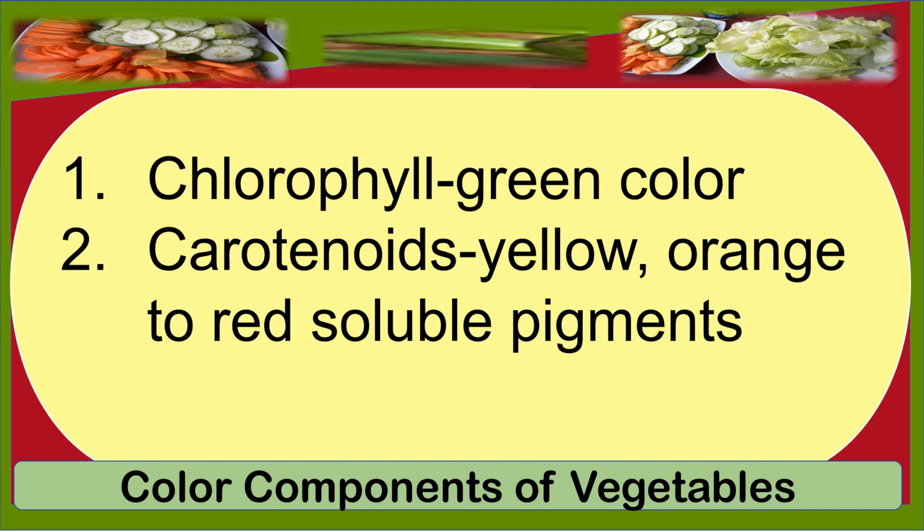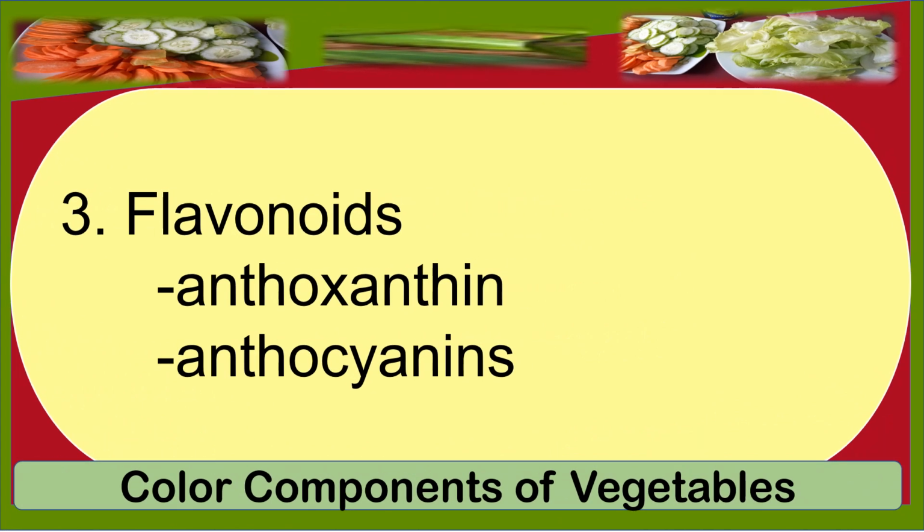We have beta carotene from carrots and squash. Carrots, orange; squash, yellow. And we have the lycopene from tomatoes, the red one. Okay, then the flavonoids, number 3. The flavonoids, we have the anthocyanin.